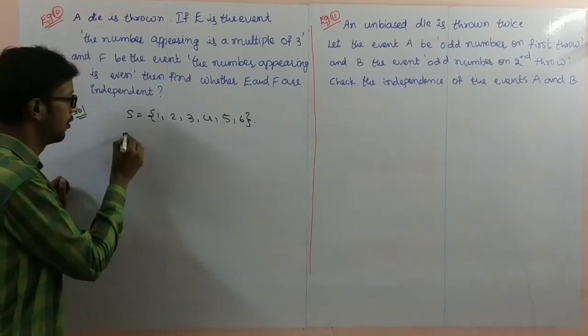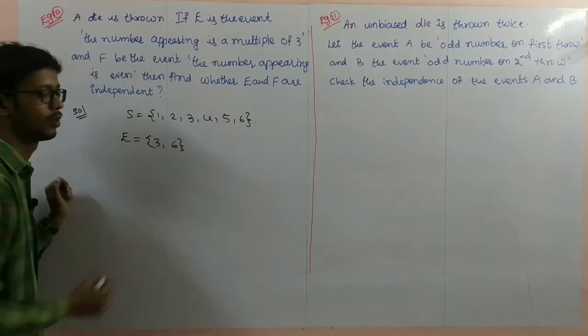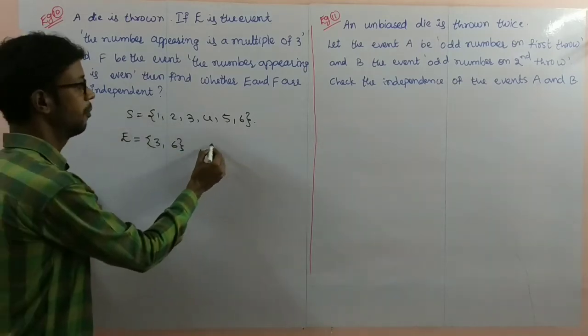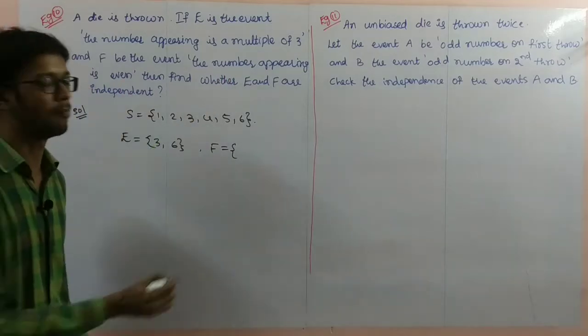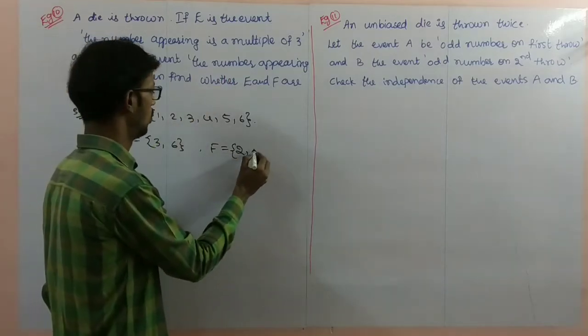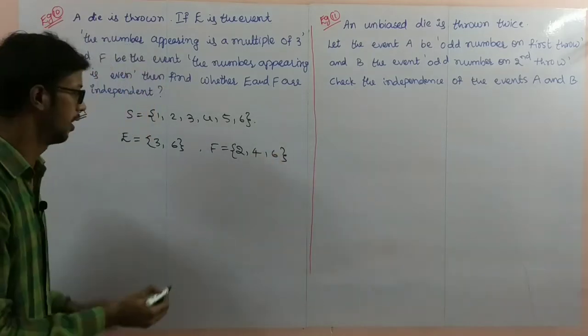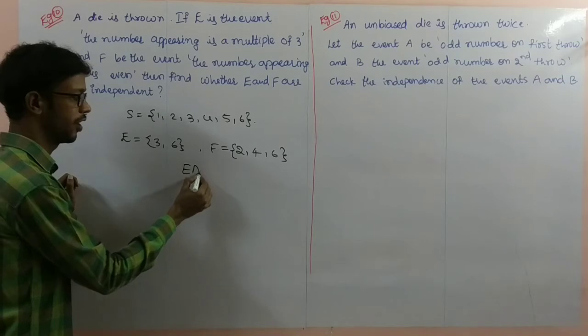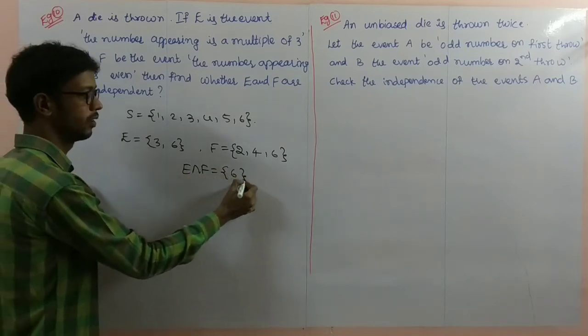And E be the event here. Only multiples of 3, that is 3 and 6. Next, F be the event. The outcomes of even numbers are 2, 4, 6. And E intersection F, the common part between these two, is 6.